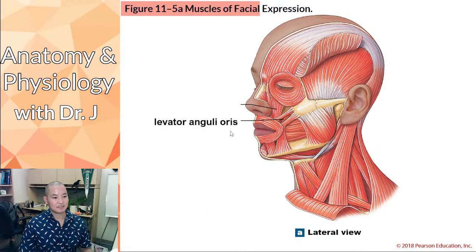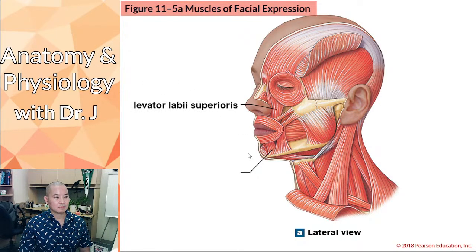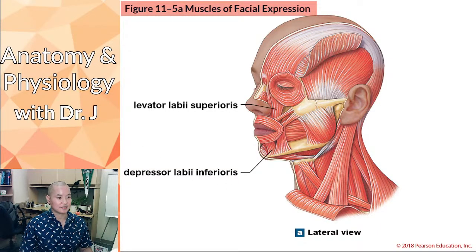Our levator anguli oris is going to upturn the angles of our mouth, but the levator labii superioris is going to lift our lips up, and it's located superior to our lips. Whereas for the depressor labii inferioris, that rule of opposites applies in two places: the opposite of elevation is depression, and the opposite of superior is inferior.